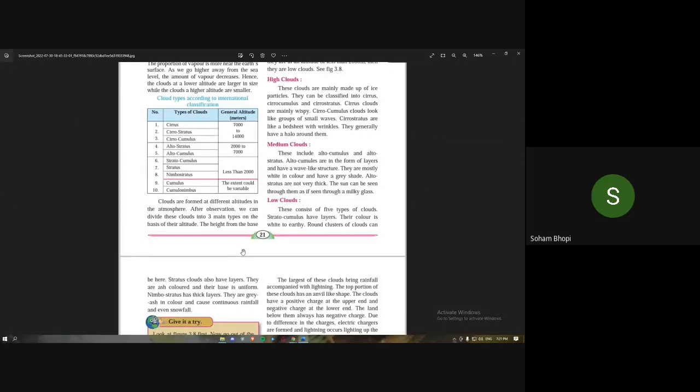Yes, miss. There are 10 types of clouds. Very good. Anybody else who wants to give the answer? Sneha. Teacher, 10. Reena madam, please check your chat box also. Students are giving their answers there. Okay.